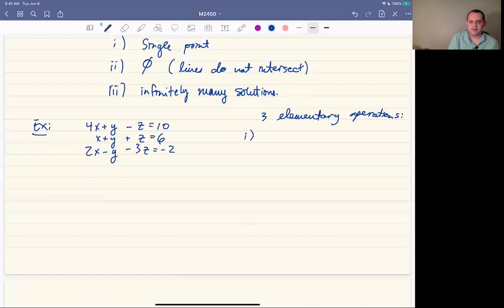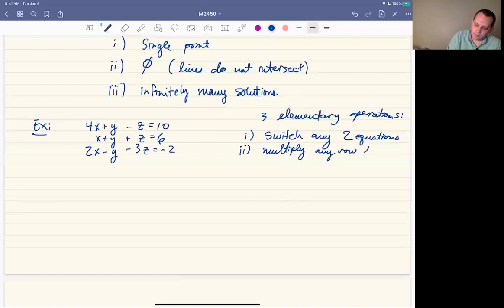The first is, and this is not something that we think about necessarily when we do these by hand, we're allowed to switch any 2 rows. We're allowed to switch any 2 equations. Okay, so if I want to write these 3 equations in a different order, it's going to be the same system. Hopefully that makes sense. I'm allowed to multiply any row by a non-zero number.